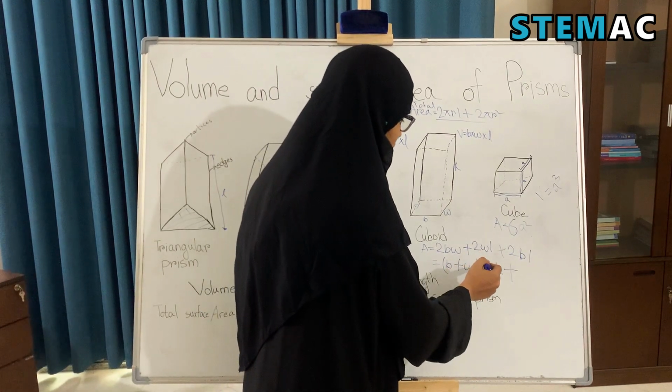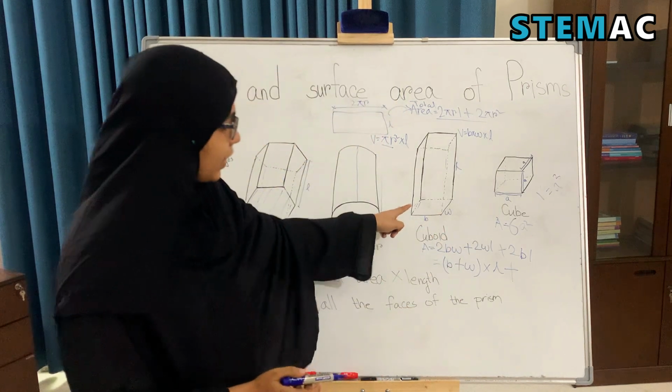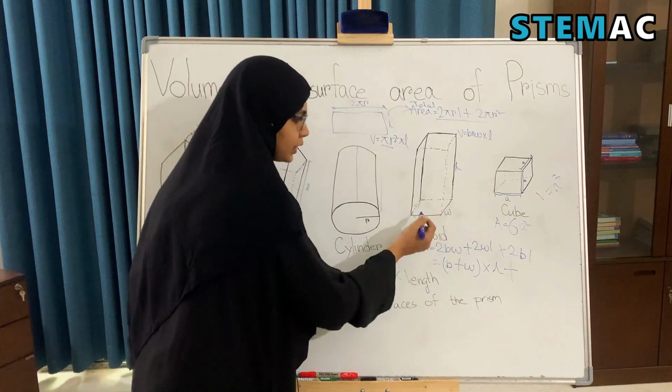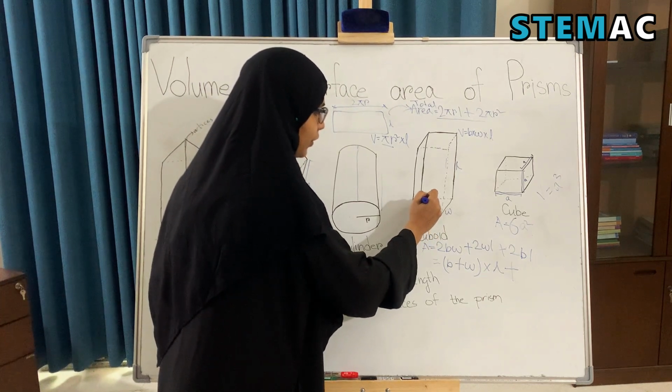That means we get 2b plus 2w, the perimeter of this rectangle.